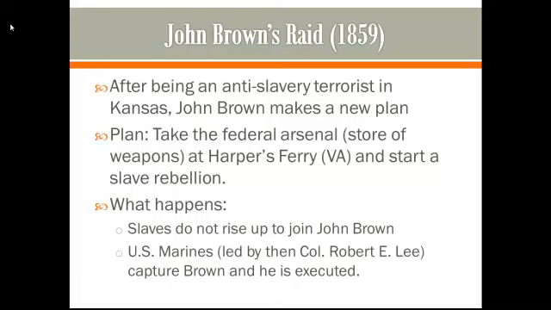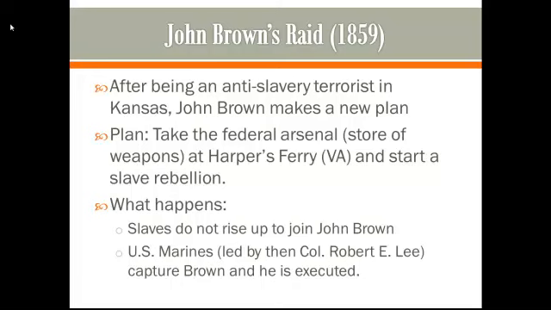It's a town. And what he would do with these weapons is he was going to arm the slaves and start a slave rebellion. And so he and his sons and a couple of followers attack this arsenal, and they take it, and he expects that all the slaves are going to rise up and join him. Only no one does. No slaves rise up and join John Brown. In fact, nobody comes to help him at all.